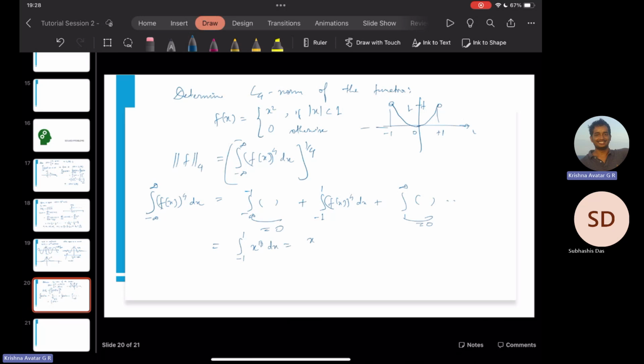This gives x to the power 9 by 9 from -1 to 1. So we have 1 by 9 times 1 minus (-1) to the power 9, and since 9 is an odd number, that is -1, so you have 2 by 9. Therefore, the L4 norm is equal to (2 by 9) to the power 1 by 4. This is the solution of our problem.